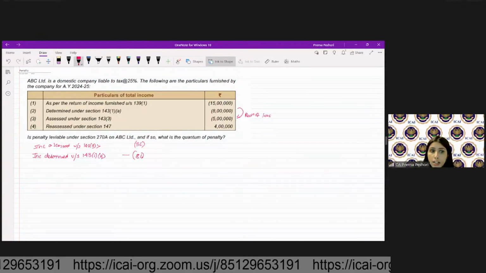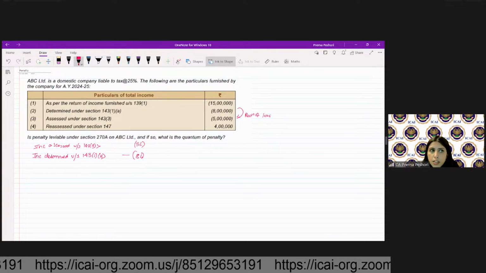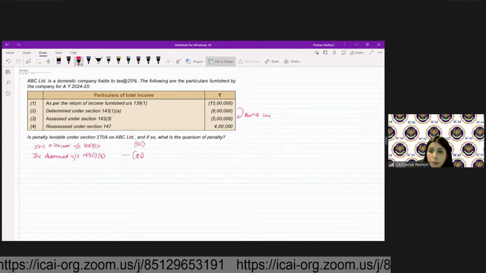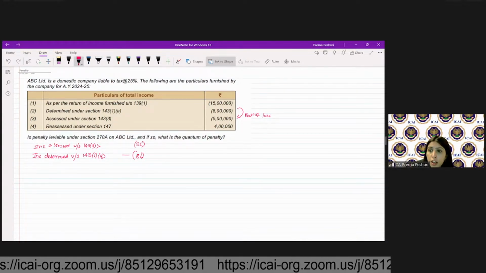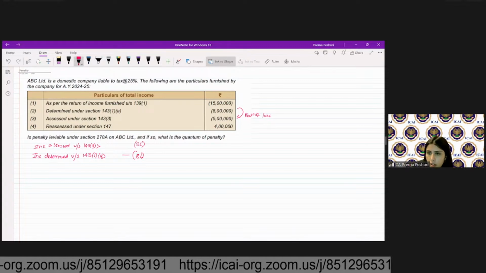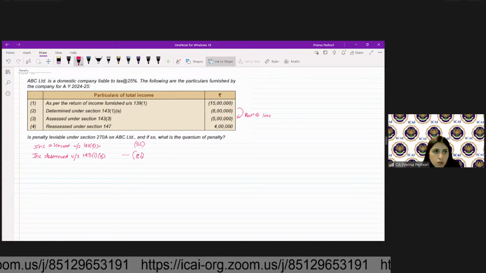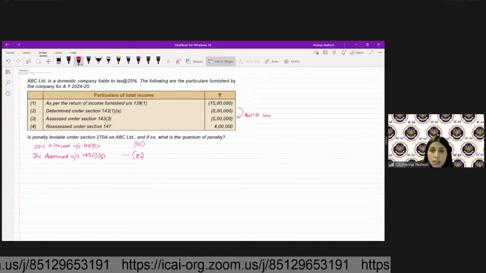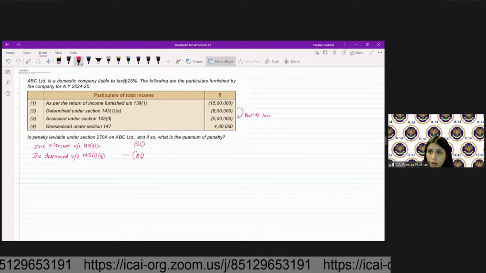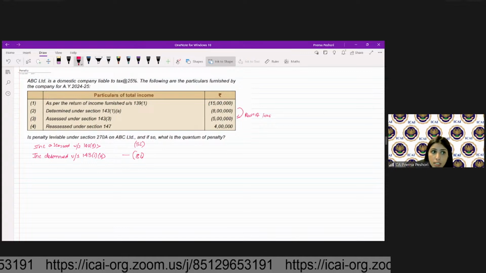Now, how will you calculate the underreported income? The underreported income in this particular case will be negative 5 lakh minus negative 8 lakh. Because what the provision tells you is that the loss claimed under 143(1) minus the income assessed or loss reassessed.